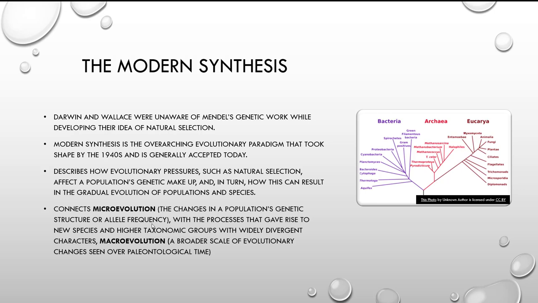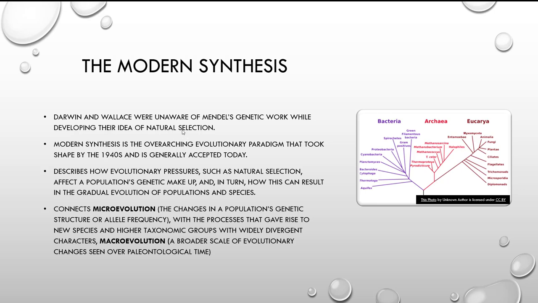If we see changes in the allele frequency, the percentage of the population that has the dominant allele versus the recessive allele, over time, that's evolution. Evolution is just change in genetics. It's a genetic change over time.